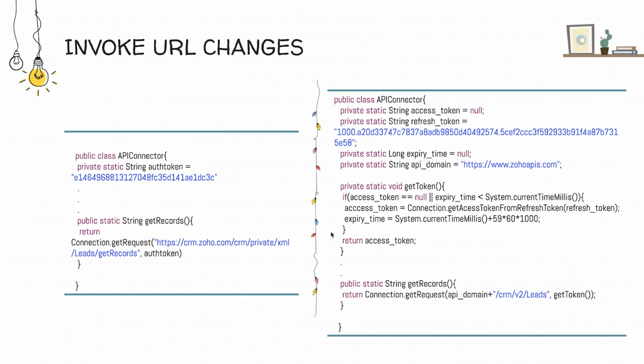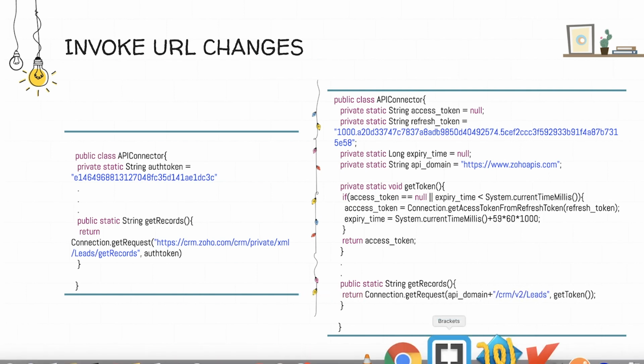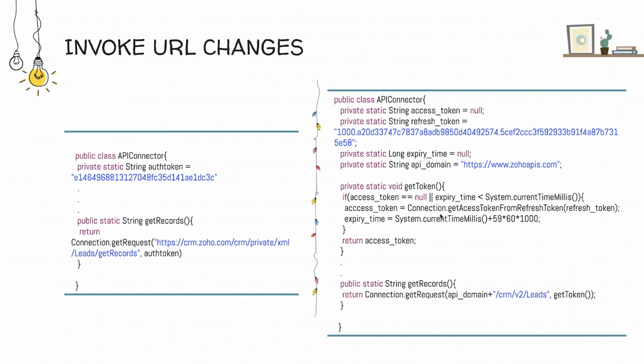But now on the right you can see the new method, in which you have to provide your access token, your refresh token, the expiry time, and the API domain, which you get using the multi-DC method. The URL structure is given here, like API domain zohoapis.com/crm/v2/leads. You could use that sort of API request URL structure to call different APIs from Zoho CRM.